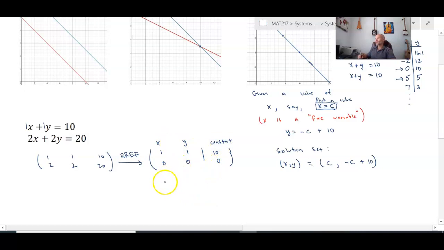This reads 1x plus 1y equals 10. And the second equation reads 0x plus 0y equals 0, which is the statement 0 equals 0, and that is always true. So when you see something like this, and you don't get 0 equals 1, that's usually indicative of there being infinitely many solutions.